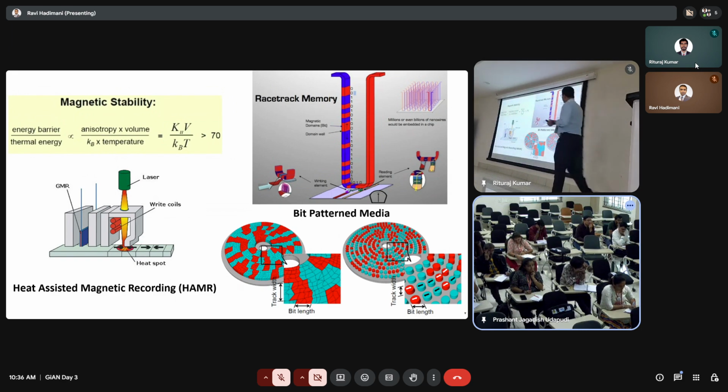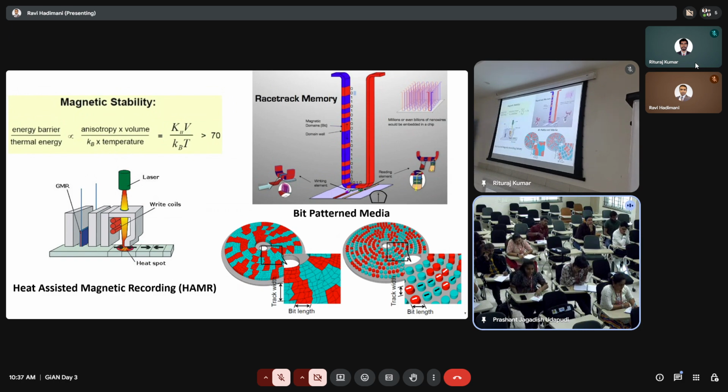Okay? So now the other option is to make the anisotropic energy really high. But if you make the anisotropic energy very high, you have to have a write head that is really, really powerful. We don't have very powerful write heads.